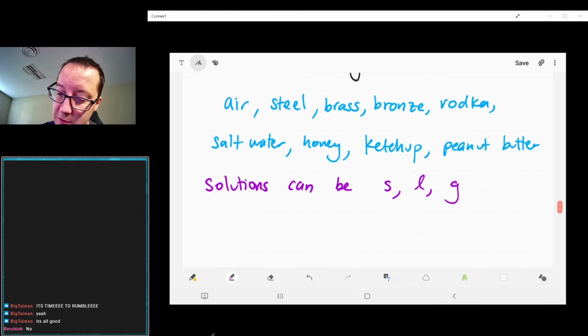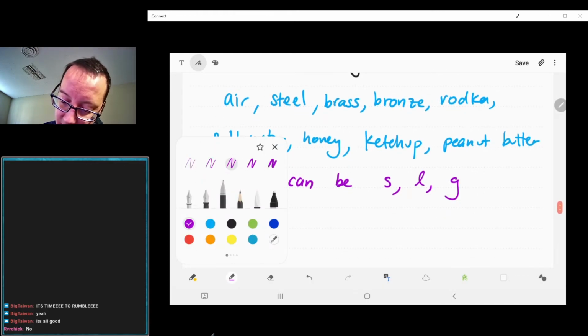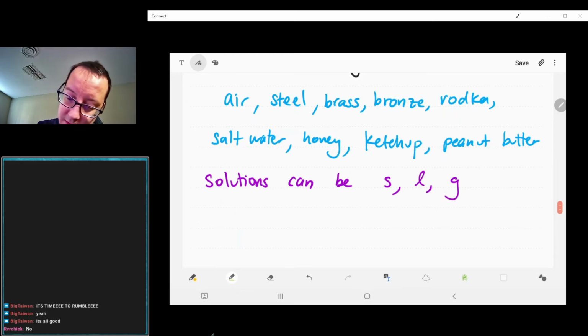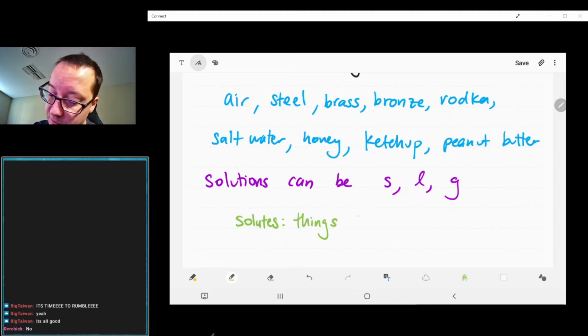All right, and so we have some vocabulary associated with these. Solutions are made up of what are called solutes, which are the things that are dissolved. But that's not really a formal definition.